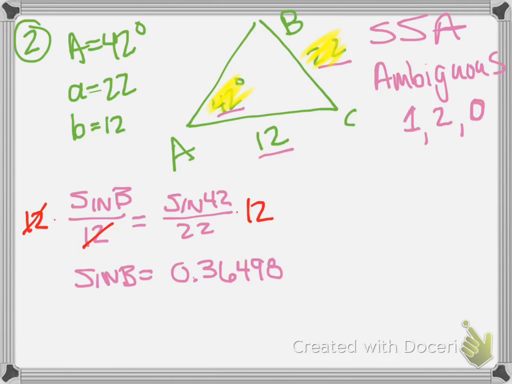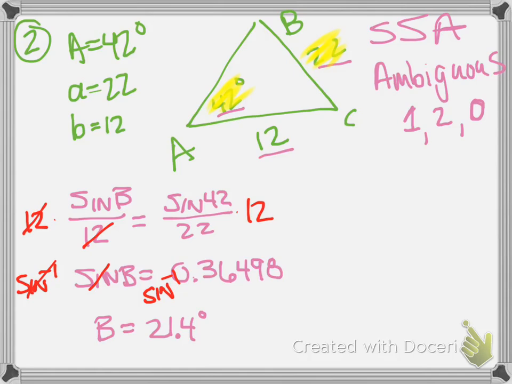Because I'm trying to solve for an angle, I have to use an inverse trig function. So I'm going to take the inverse sine on both sides. So on this side, I'm going to take the inverse sine, and on the other side, I will take the inverse sine. Those will cancel out, and I will end up with just B on this side. And when I take the inverse of 0.36498, I believe I get 21.4 degrees.